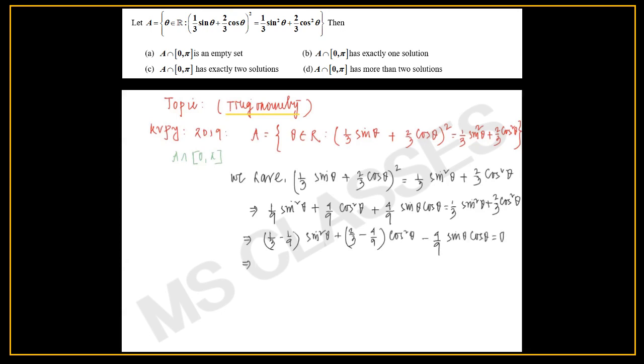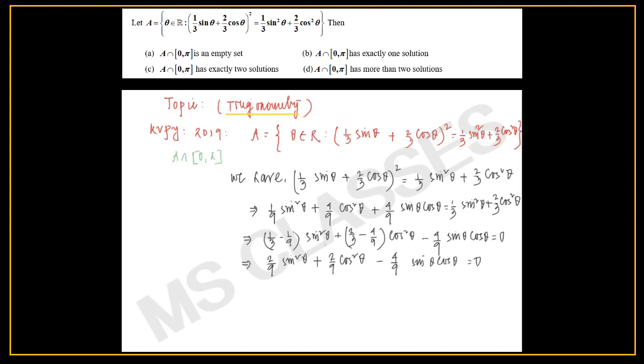Now from this we can simplify. 1/3 minus 1/9 will ultimately be 2/9 sine square theta, plus 2/9 cos square theta, because 2/3 minus 4/9 gives us 2/9, minus 4/9 sine theta cos theta equal to 0.